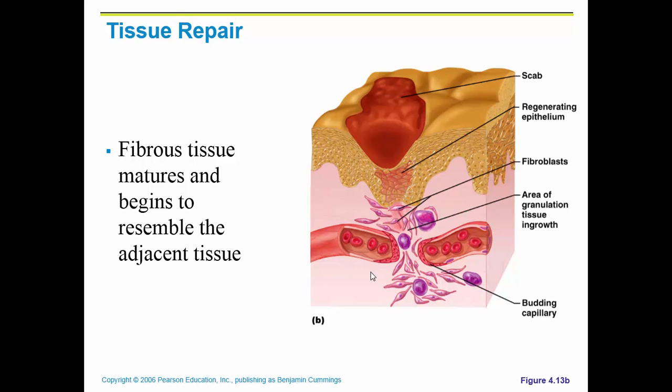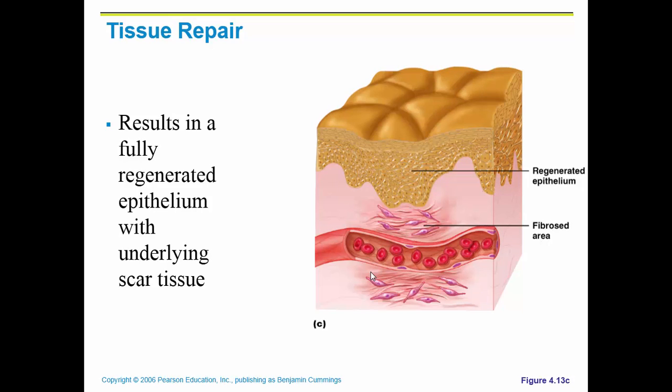And that's where scars come in. So when you have a scar on your skin, you are looking at epithelial tissue that has been replaced by connective tissue, and that's why it looks different than the normal epithelial tissue that should be there.